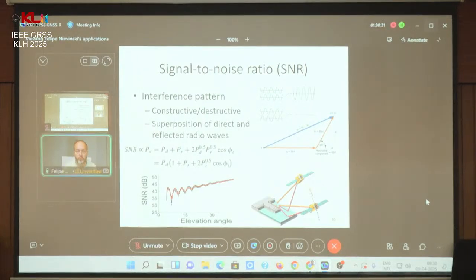So as the antenna height changes, and mainly as the satellite changes elevation angle, the reflection delay will vary from 0 to its maximum.